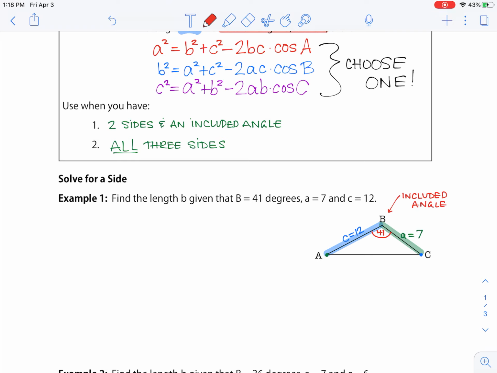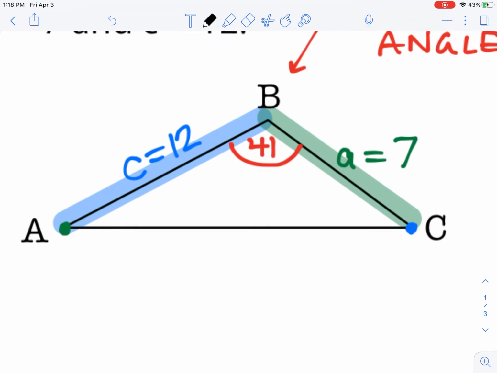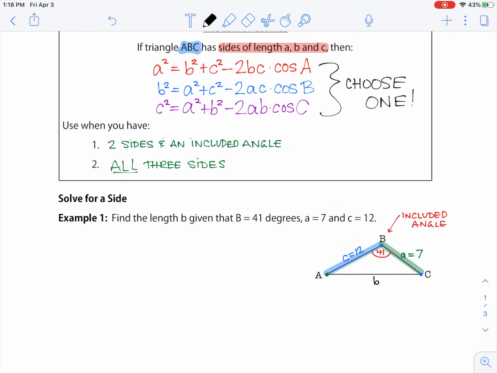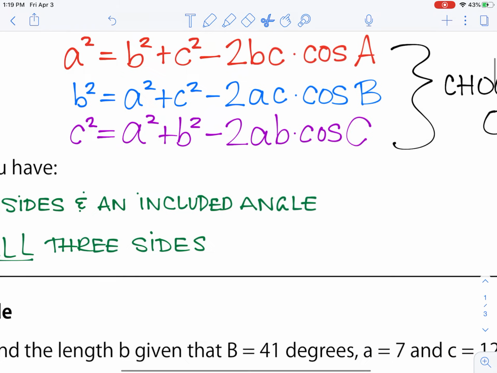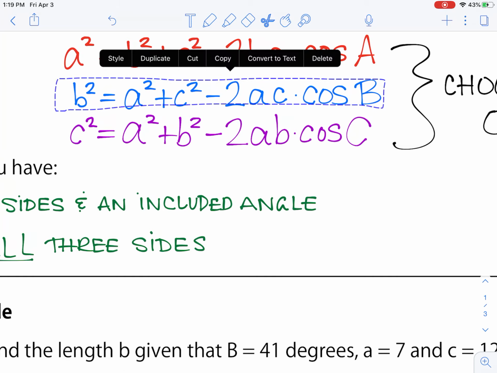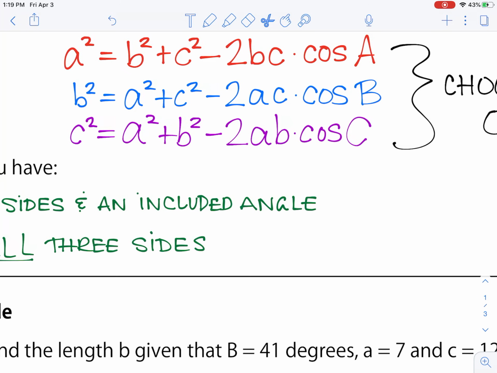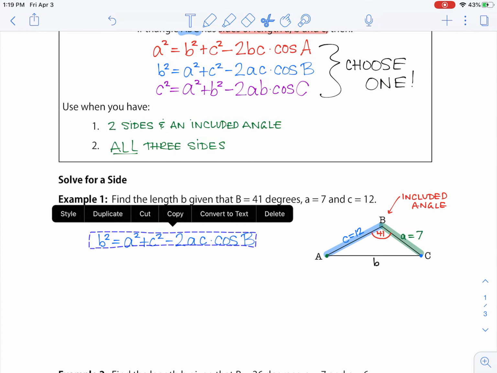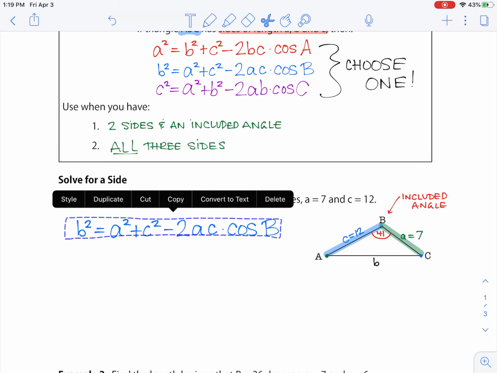That's how you can determine that you have the information you need to use the law of cosines. The side we are going to try to find is this one over here. You can just say it's little b, or if you want to use x, it's up to you. Of our three options above, since we're looking for little b, we're going to choose this one that I have marked in blue. That will be the equation we need to use.